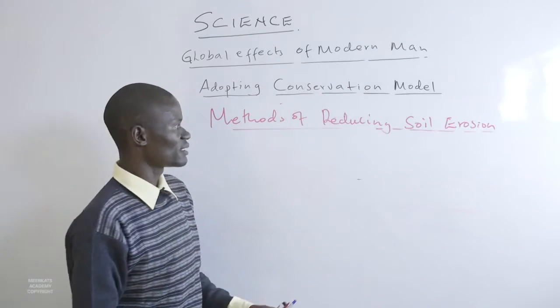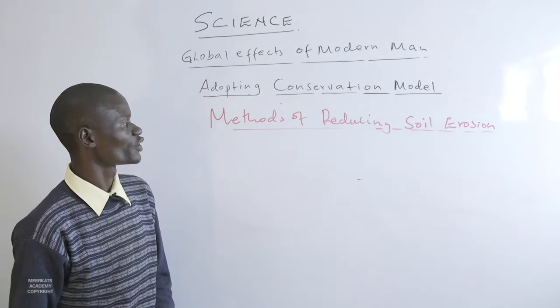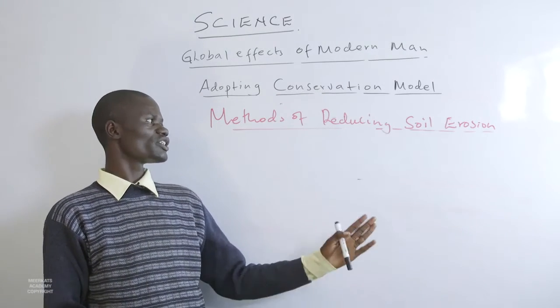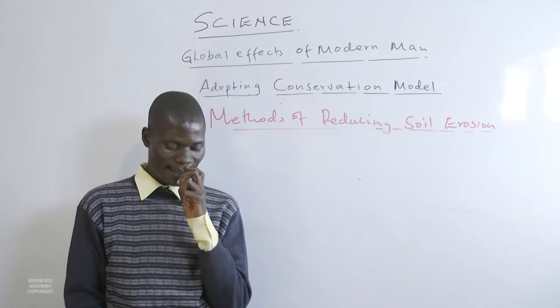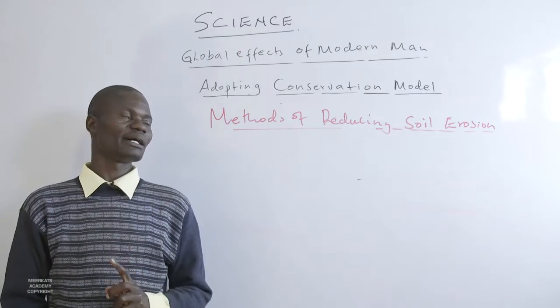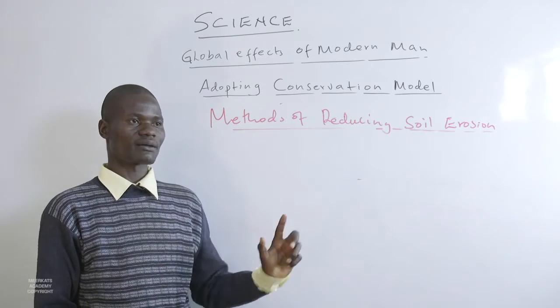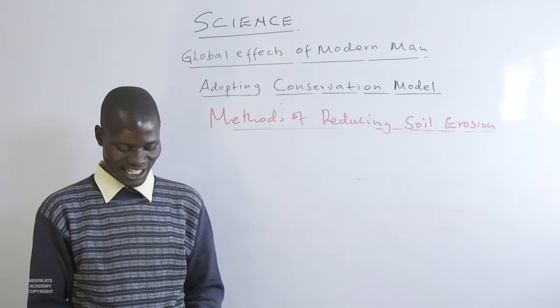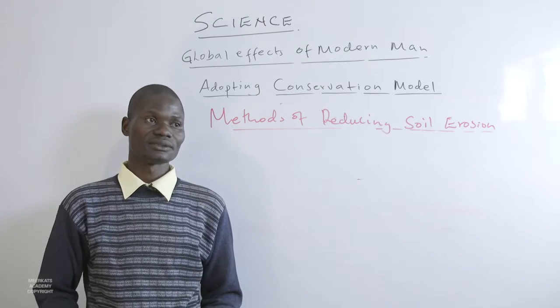When we look at the methods of reducing soil erosion, as we are able to reduce soil erosion, then we have been able to manage what we call soil conservation. That one will be a great deal to us.